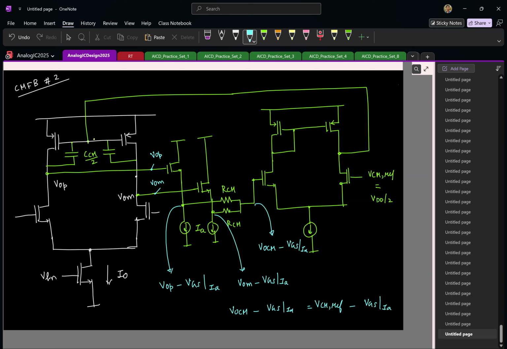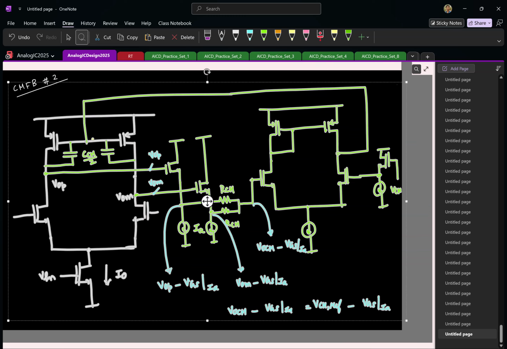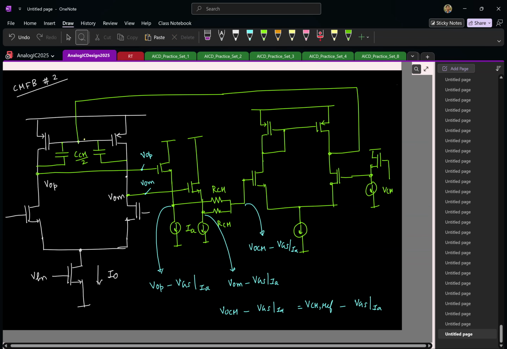Fine. So basically you add, don't feed the VCM ref directly, you buffer that also. You feed VCM ref here. Okay.